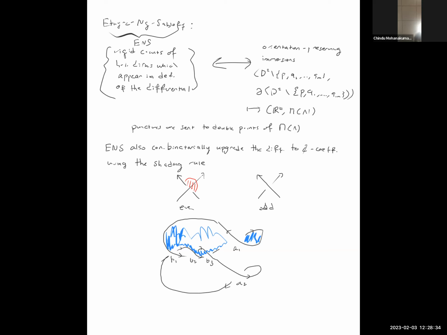I have this one. Okay, but now when I endow this diagram with the shading rule, I get the following on the differential. So D, okay.